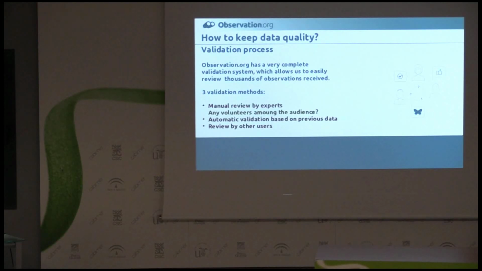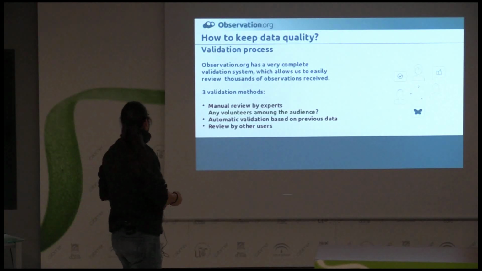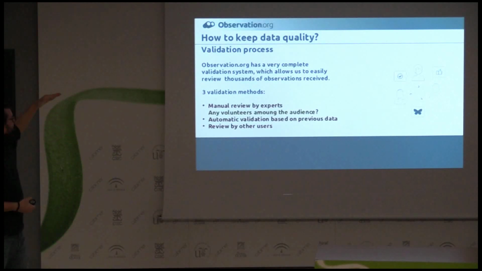It's an easy job, but we have fields that are totally untouched, like butterflies or some coleoptera. Also, once you have reviewed a lot of observations manually, you have another layer that tries to validate some observations automatically based on the previous data that has been validated.